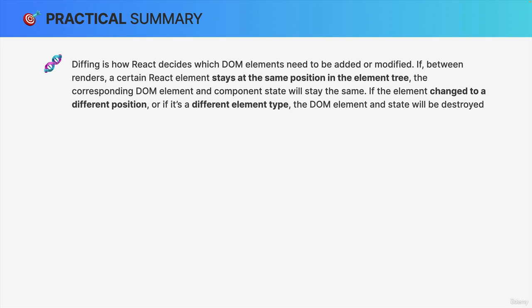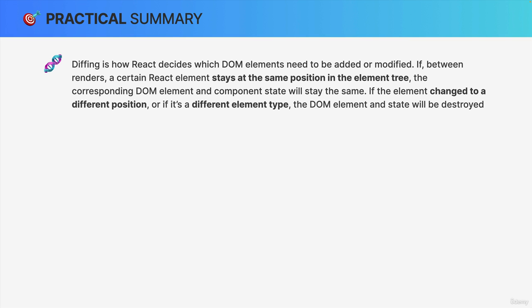So the DOM will not be modified in this case, which is a huge win for performance. However, if the element did change to a different position in the tree, or if it changed to a different element type altogether, then the DOM element and the corresponding state will be destroyed. So they will basically be reset.